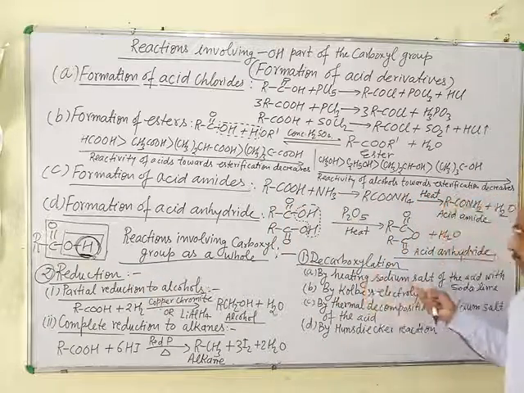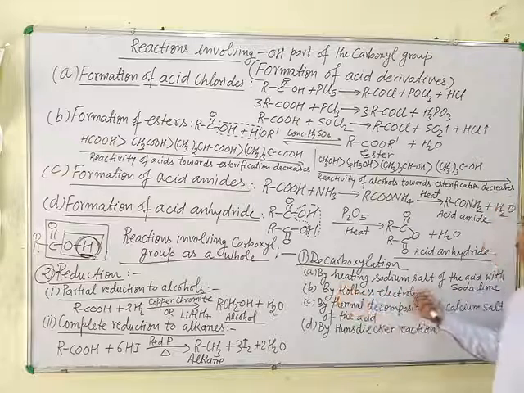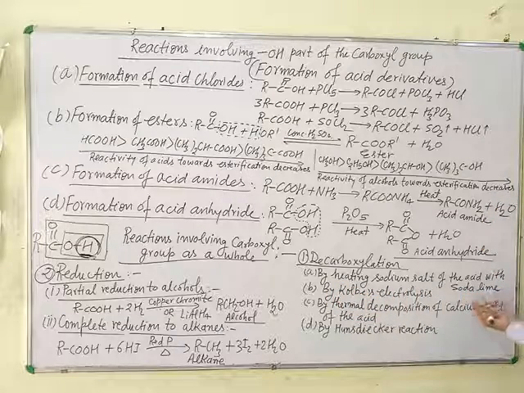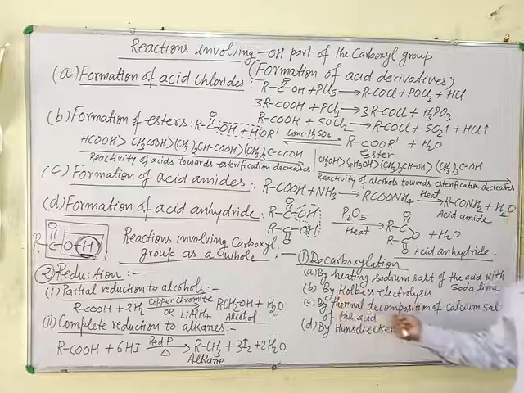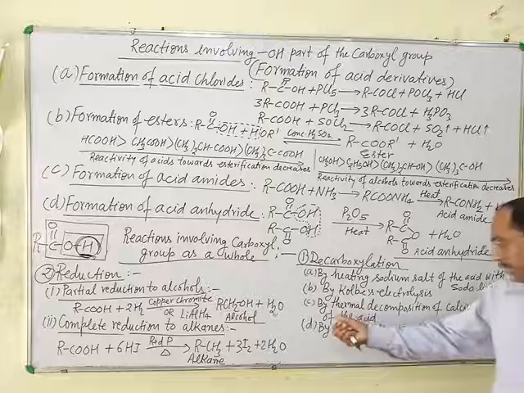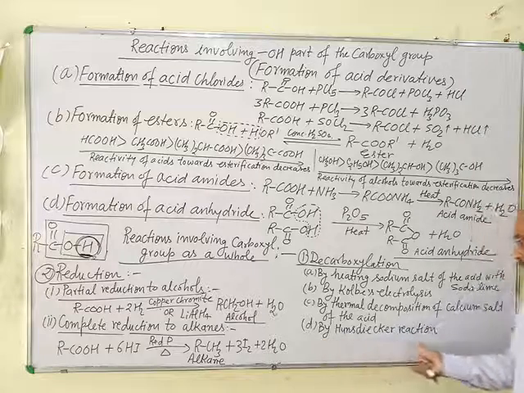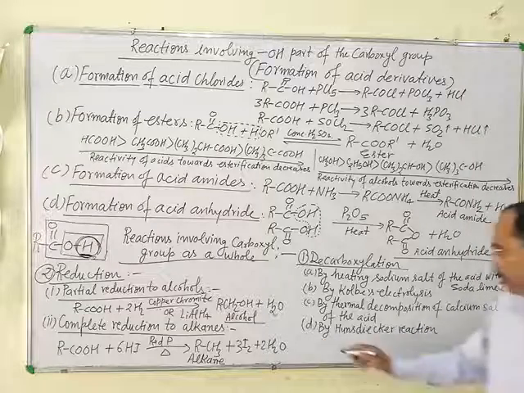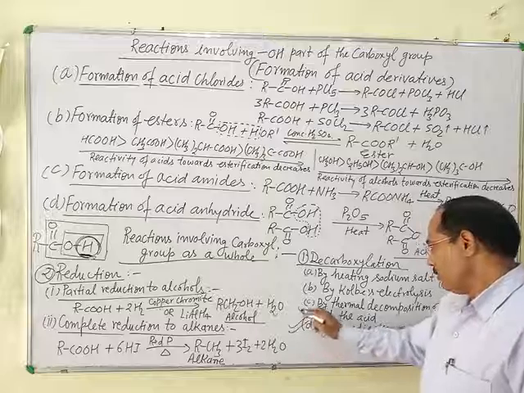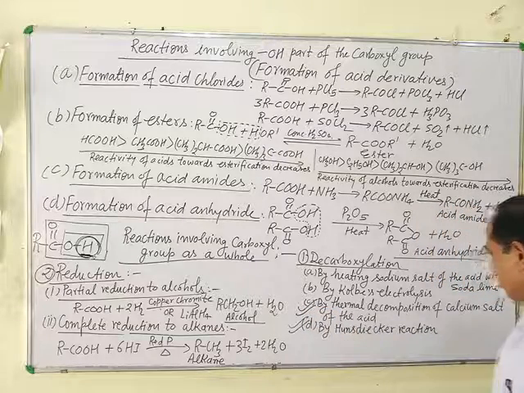Decarboxylation may be carried out by heating the sodium salt of the acid with soda lime, by Kolbe electrolysis, by thermal decomposition of the calcium salt of the acid, and by the Hunsdiecker reaction. Two of these reactions are already discussed.